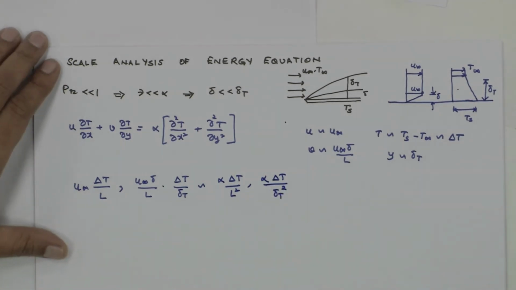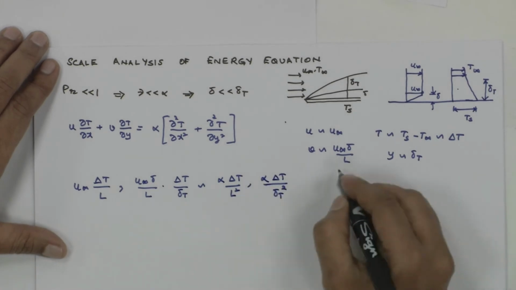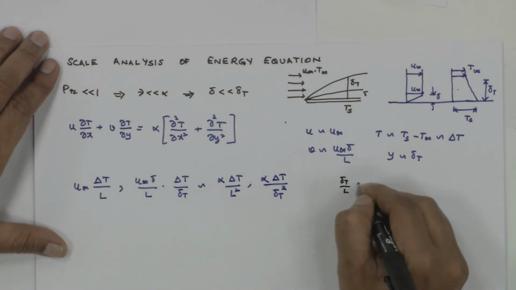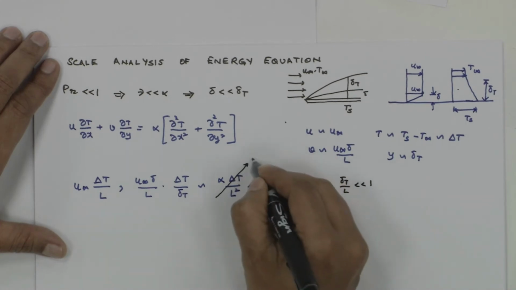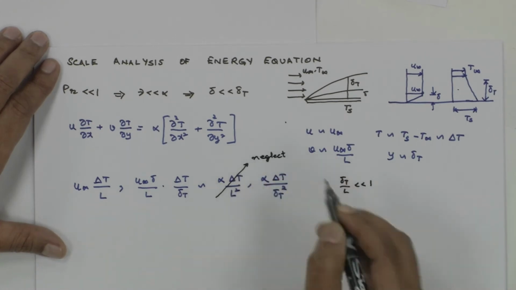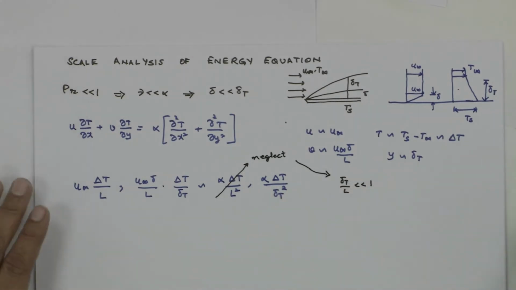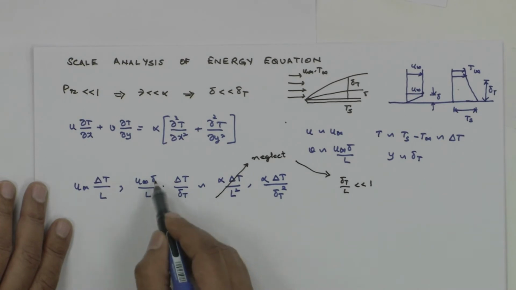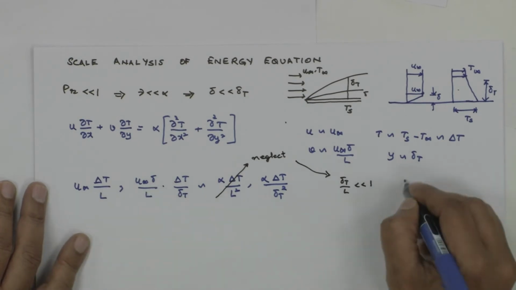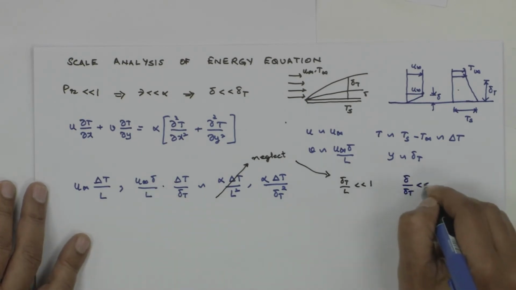Now you can see that delta T by L squared, again delta T by L will be very much less than 1. So this term I can neglect because delta T by L is less than 1. So you see here, this term delta by delta T is very small, delta by delta T is very much less than 1.